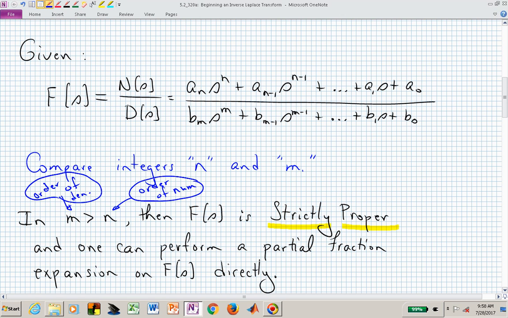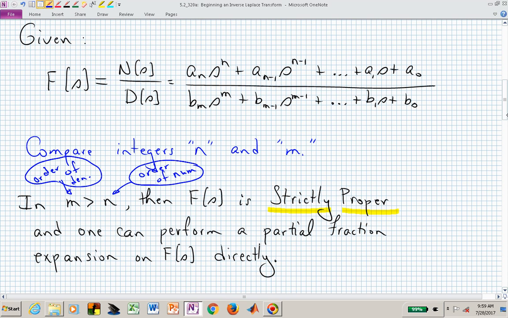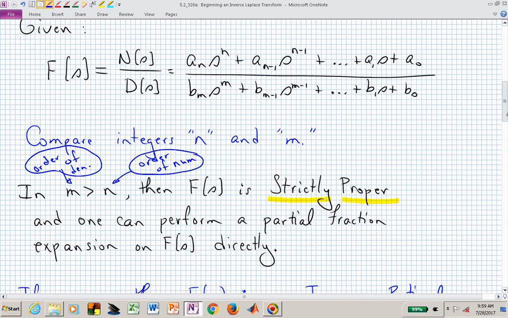Sometimes in future videos, I might have my denominator polynomial of order Nevada, n, so pay attention to the notation. Today, in this video, we are having m, Michigan, as the order downstairs, and that's the one we're keying in on. So if our denominator polynomial is of order strictly bigger than the numerator polynomial, then we can just start doing the partial fraction expansions.